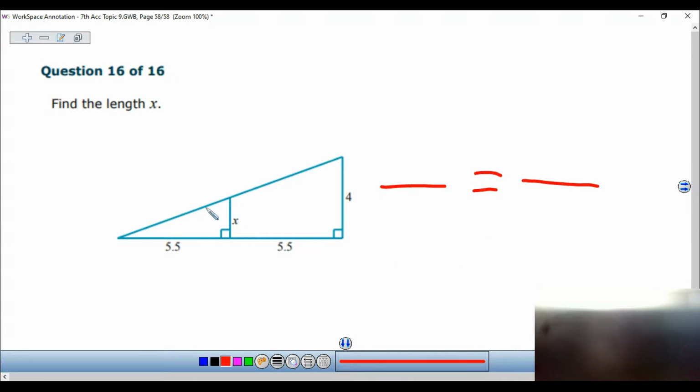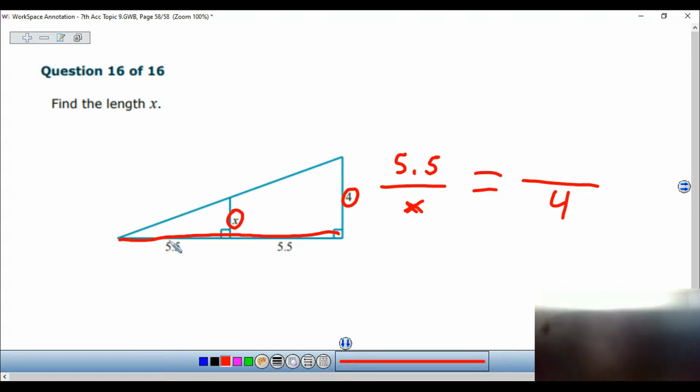Let's take the smaller triangle. We've got that X we have to find. This side right here corresponds to this side, so we're going to put 4 over here. Now, the other side of this X triangle that we know is 5.5. And then the bigger triangle, here's the thing: it's this whole side right here.